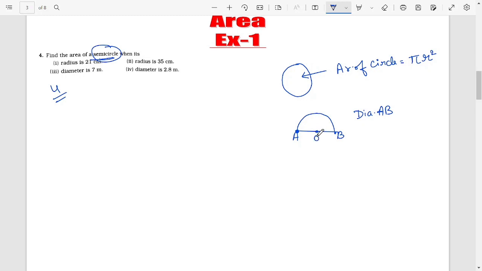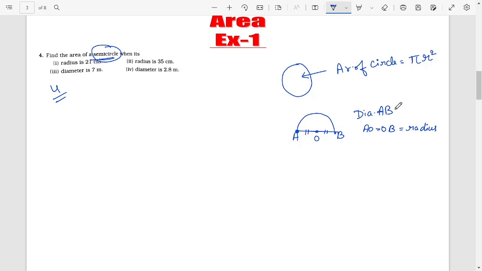Let's say this is the center O. So radius is OA, or we can say radius is OB. Both the lengths are equal. AO and OB are both equal in length. Why are these two equal? These are the radii of the circle.